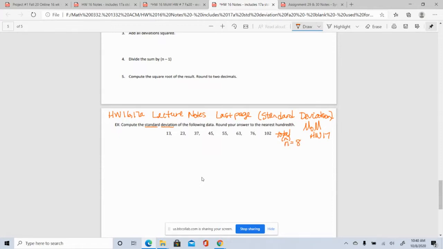Now, we haven't really talked about the n thing much, but that's just the number of items you have. And really, when you have a little n, it means this is a sample. A big N, if they used a big N, it'd be the whole population.